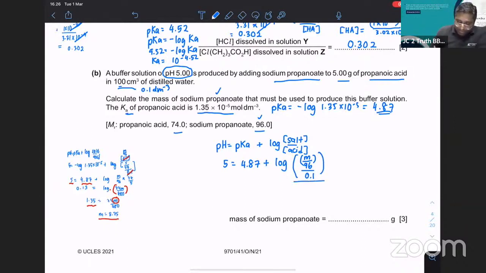And then divided by the acid. To create clarity, I put log over here. Then divided by 5 grams of the acid, 5 divided by 74. This is still the number of moles. Then divide by 0.1, which is your volume.